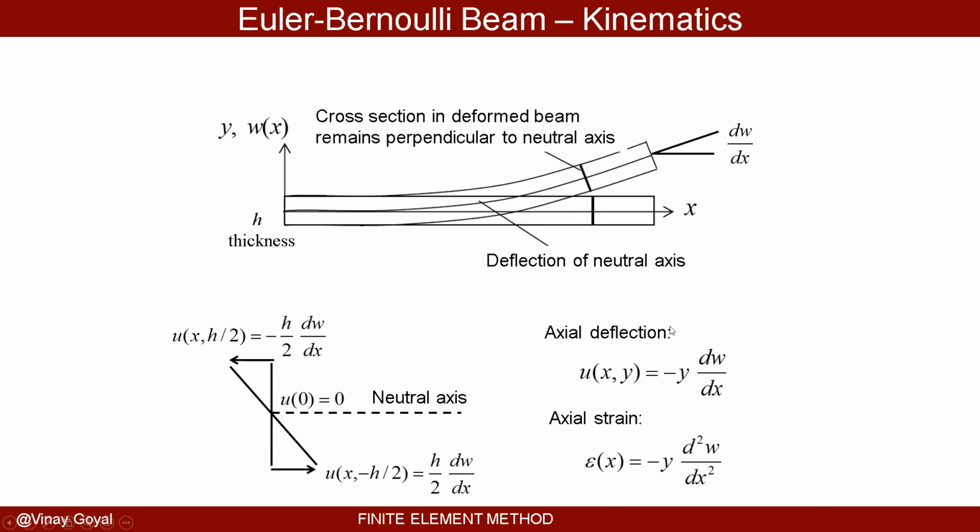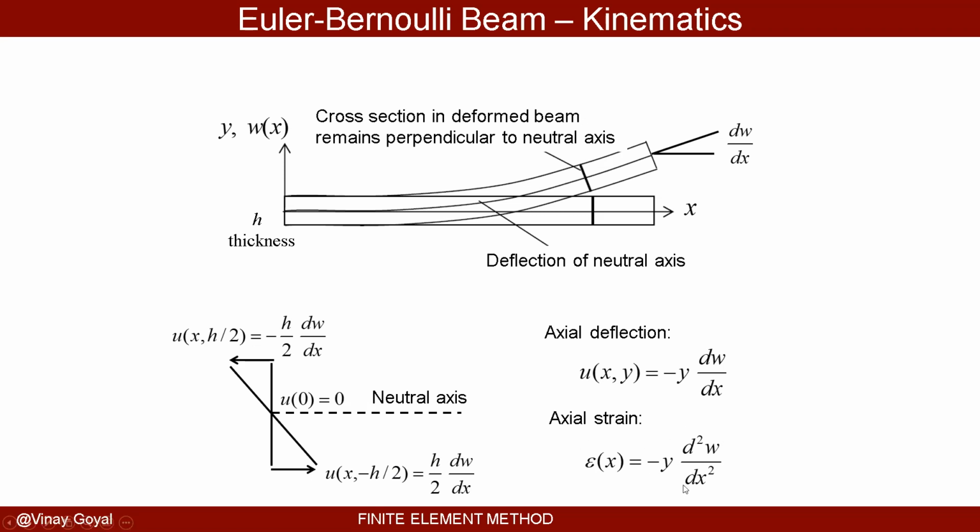If we do that, then the axial deflection is minus y dw/dx. This comes plainly from geometry. What it is saying is that at y equals h/2, which is the top surface, this point will move to the left by this much, and this point here moves to the right by this much. We've already discussed this quite a bit in a previous lecture, but we are reminding you about what we're doing here.